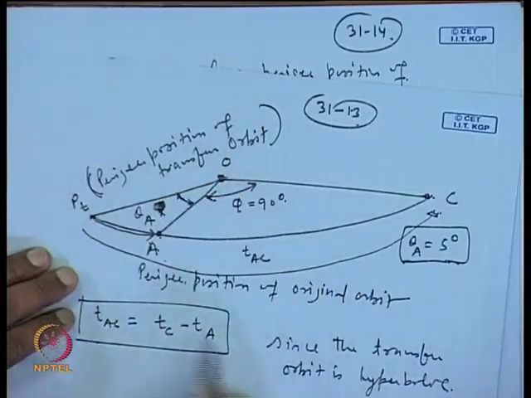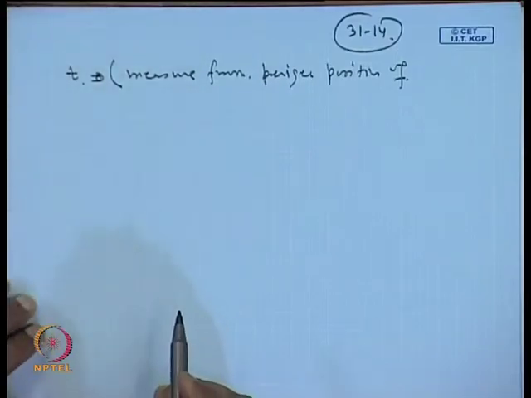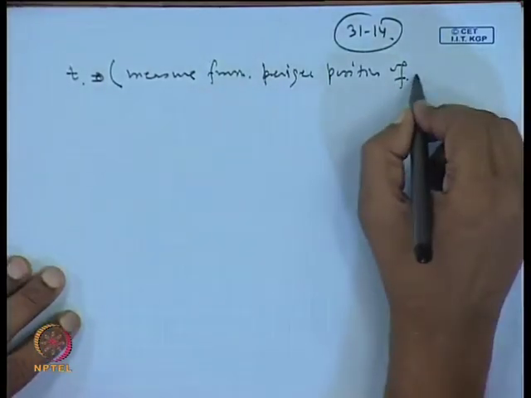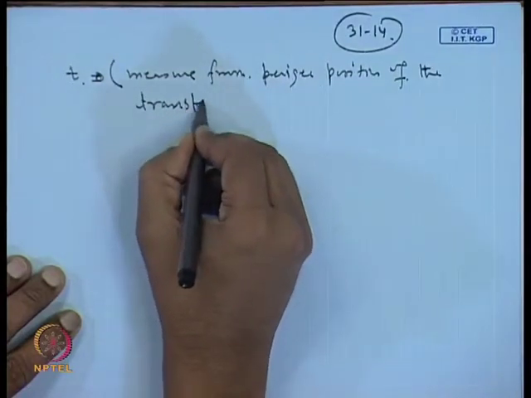So, we are concerned right now with the perigee position of the transfer orbit.